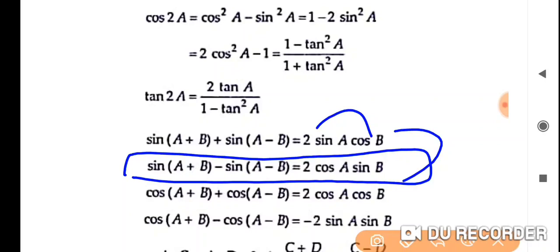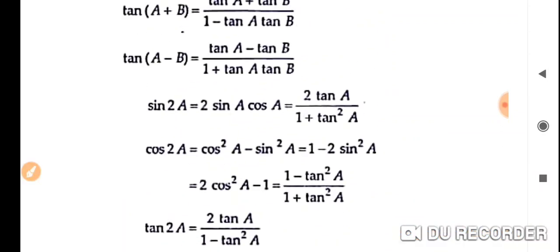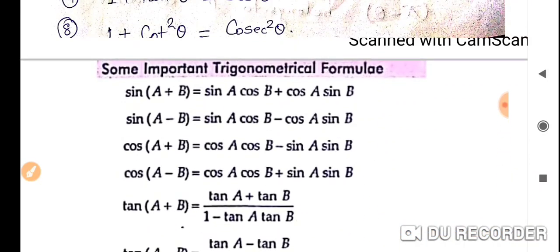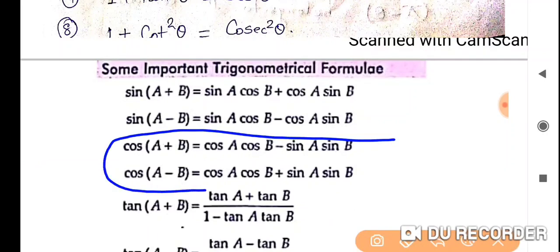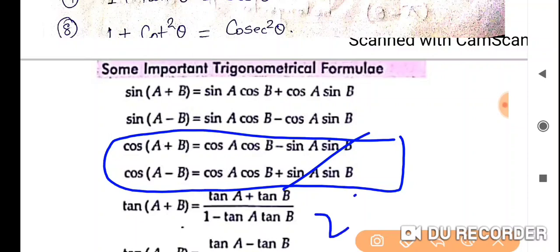Next, for the third and fourth identities, cos(A+B) and cos(A−B), when we add these two equations, the sin term will cancel out and the result will be 2 cos A cos B.